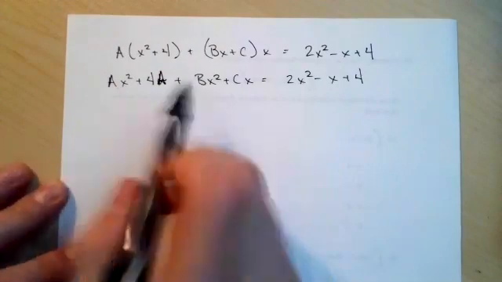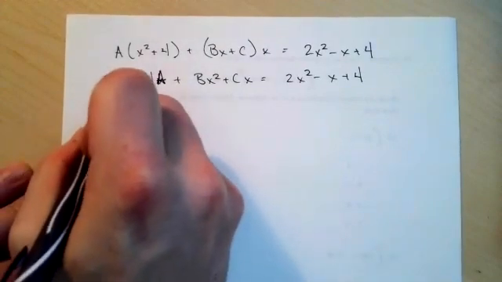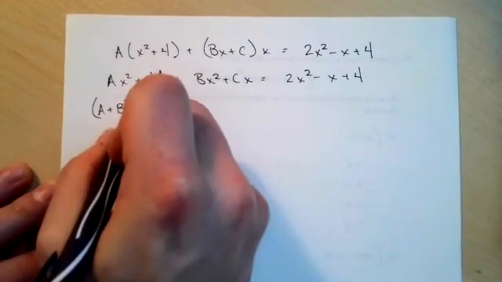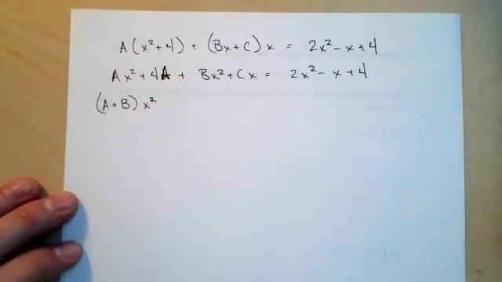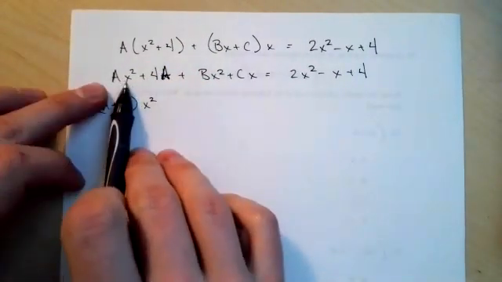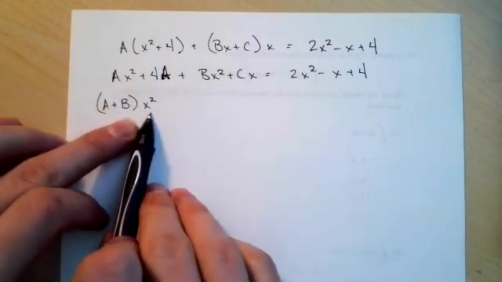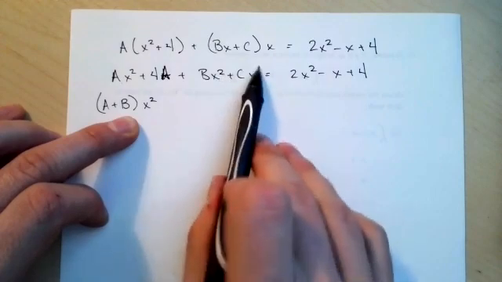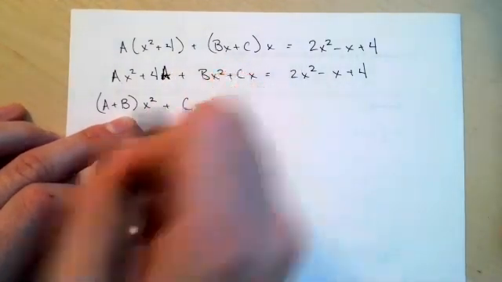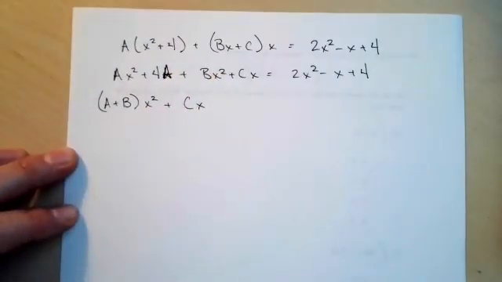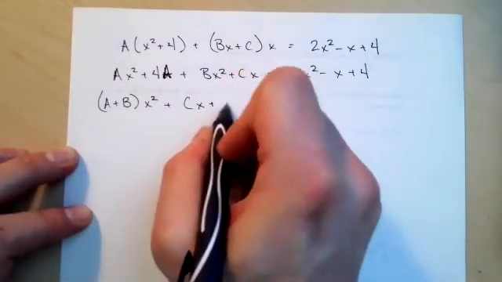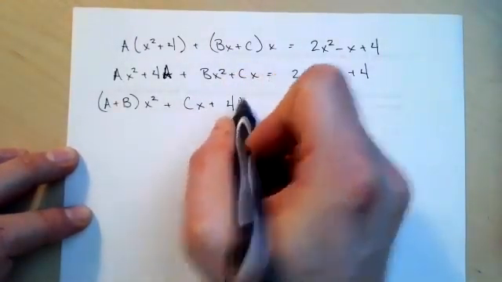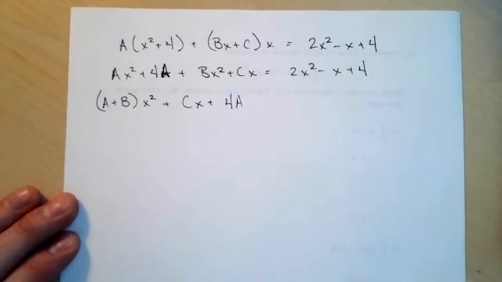So our x squared terms, we will have a plus b as our factor of x squared. Essentially, I'm just putting the squared terms together, factoring out the x squared. We put the linear terms together. We only have one, plus cx. And then we put our constant terms together. We've got 4a, and that's our only constant term.